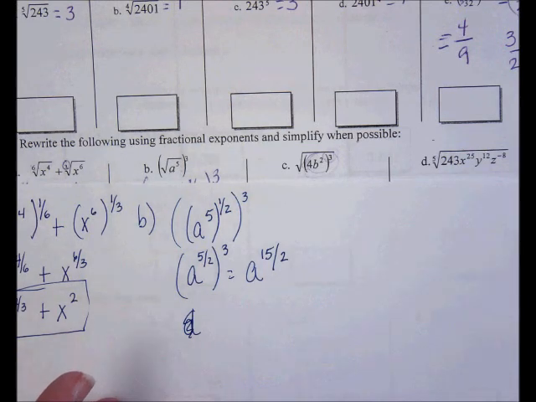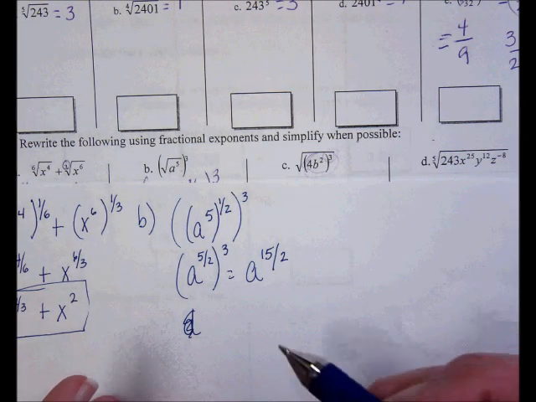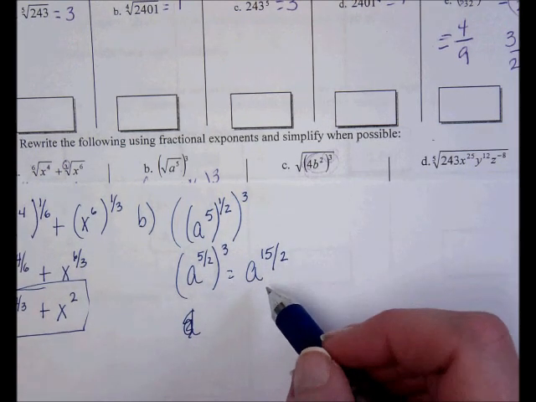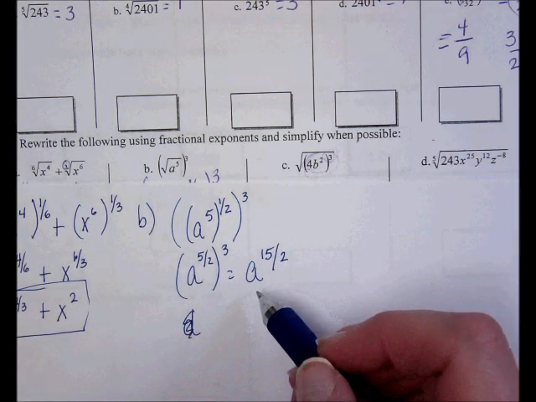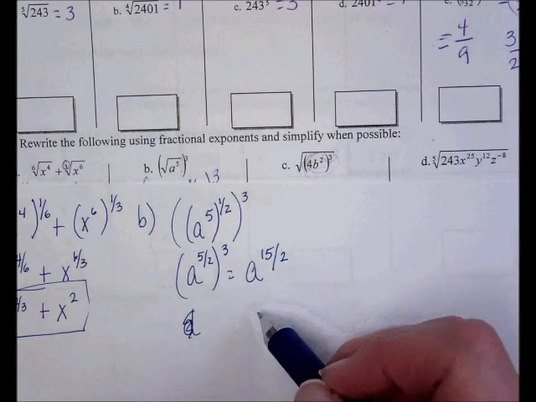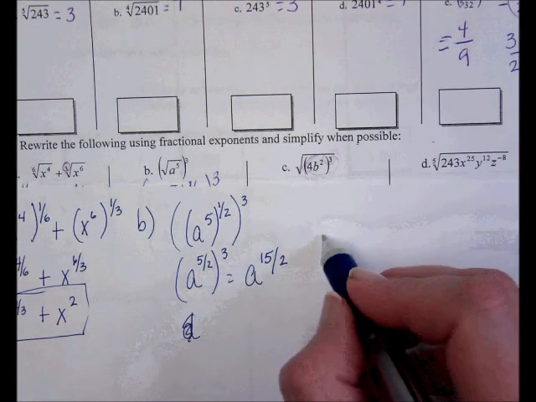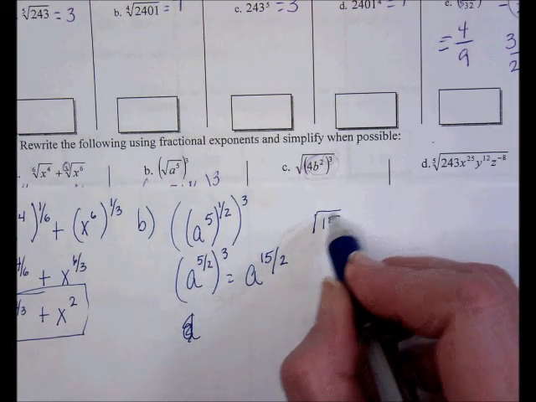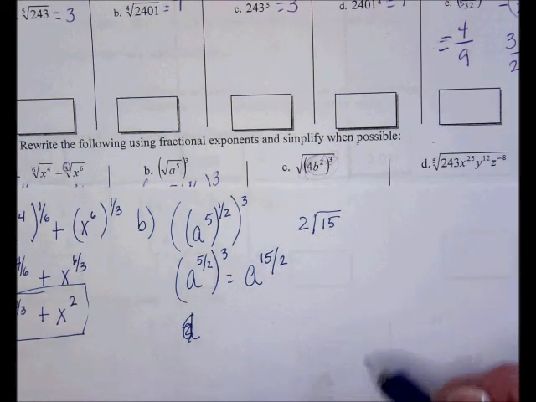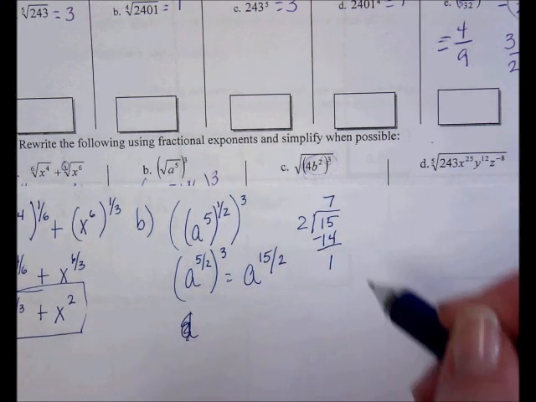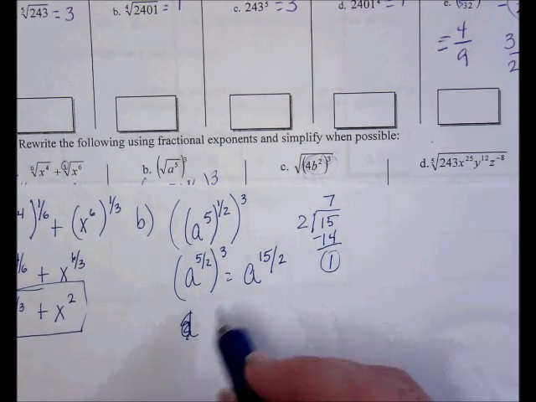From here, we talked about this towards the end of class today. I know that I have basically taken the square root, and I can simplify this a little bit more because it's an improper fraction. What this says is 15 divided by 2. 2 can go into 15 7 times with 1 left over.